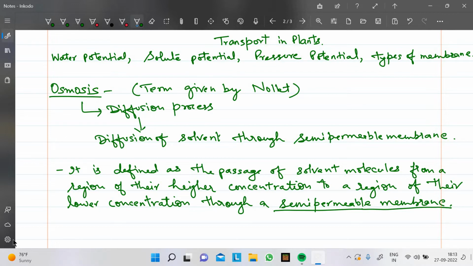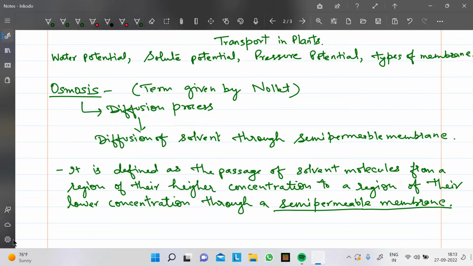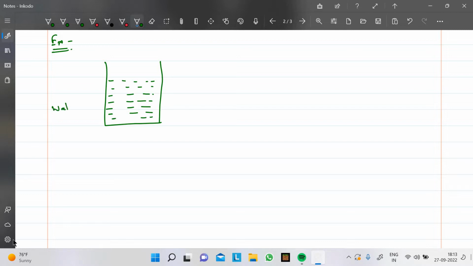Okay, let us take an example to understand osmosis. In this example, what do we do? Take a beaker, fill it with water, we can call it solvent.